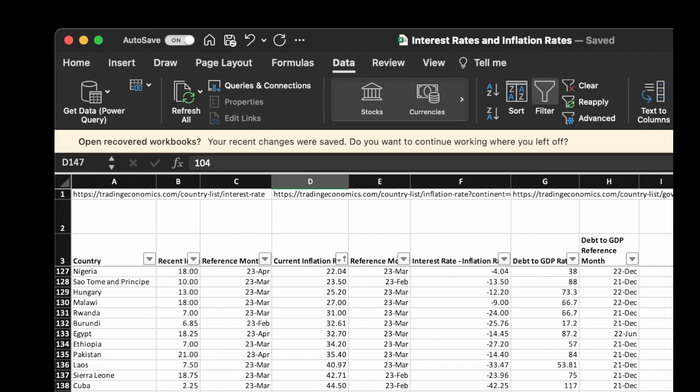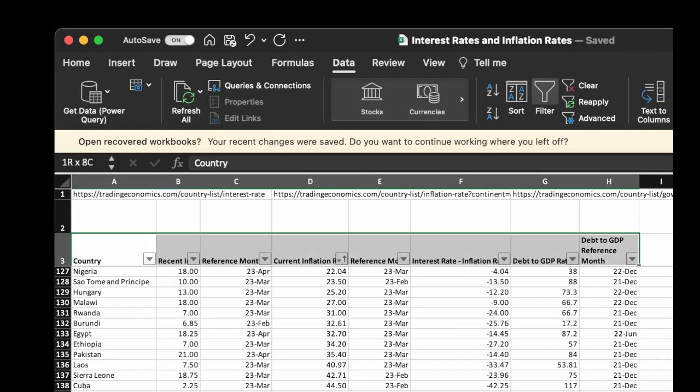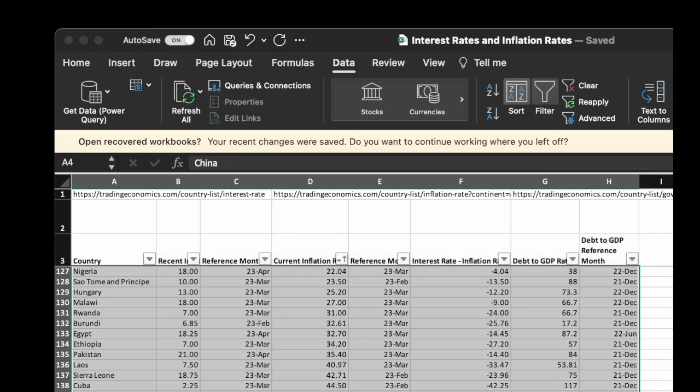Okay, now let's do another sort, and in this one we're going to sort by the debt to GDP ratio. See which countries have the highest debt to GDP ratio.